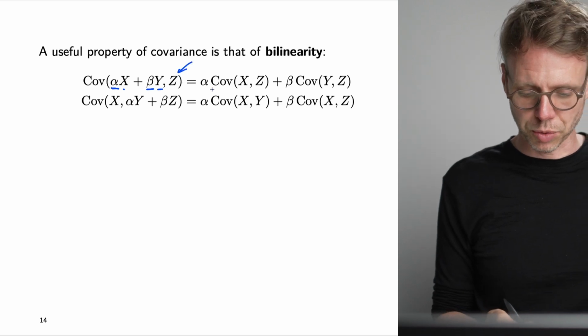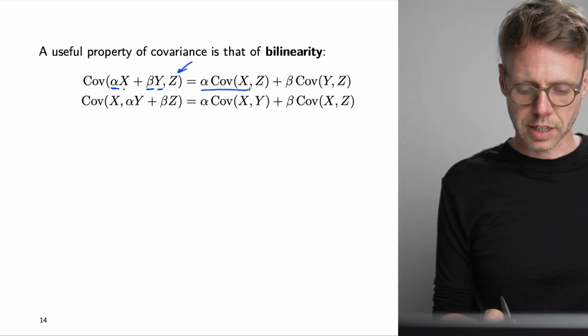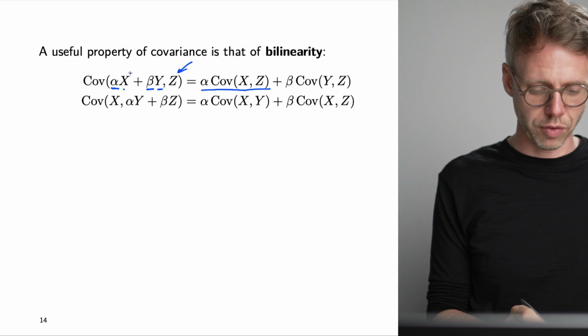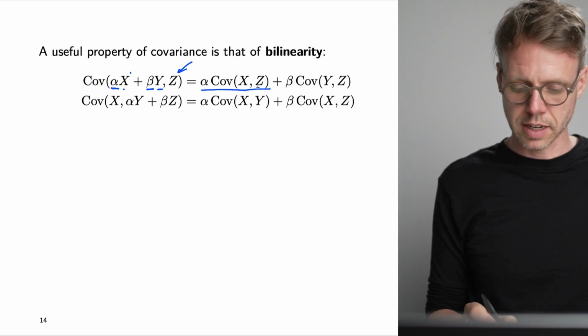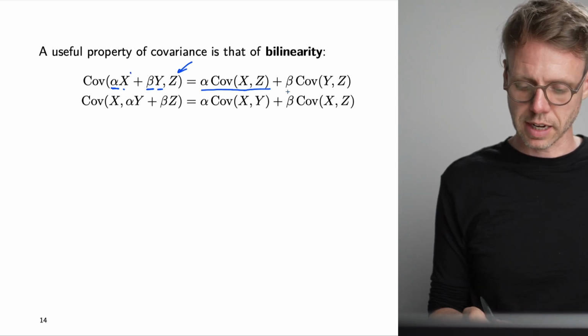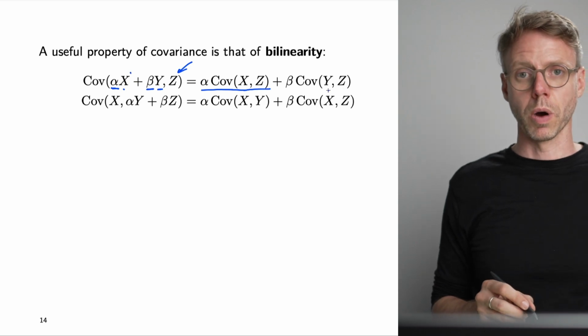This is equal to alpha times the covariance of x with z plus beta times the covariance of y and z.